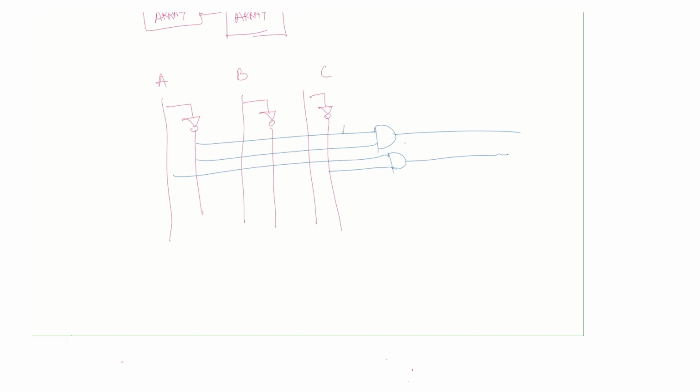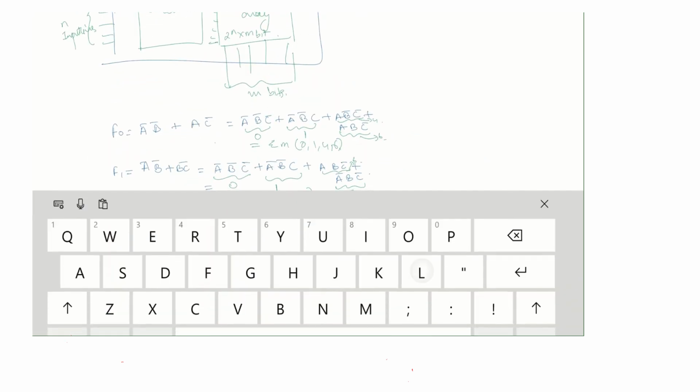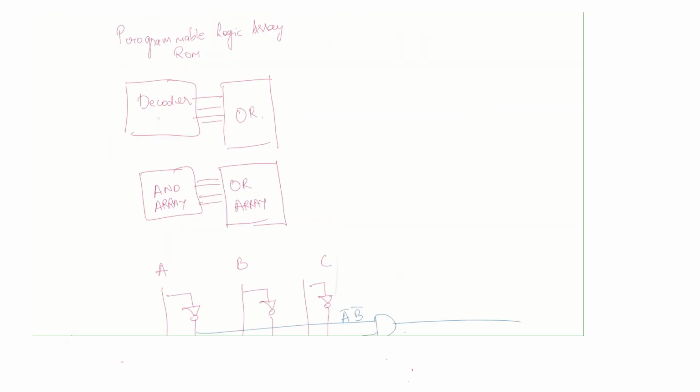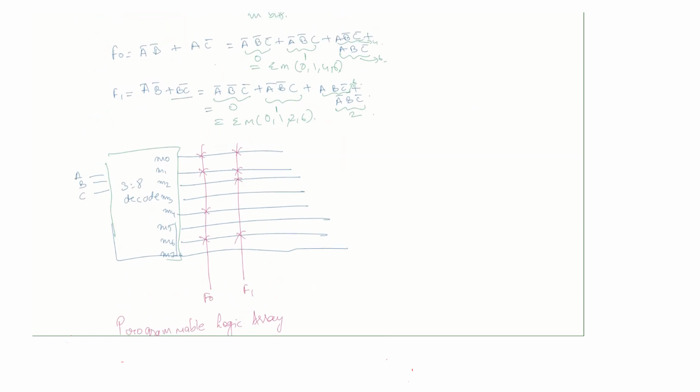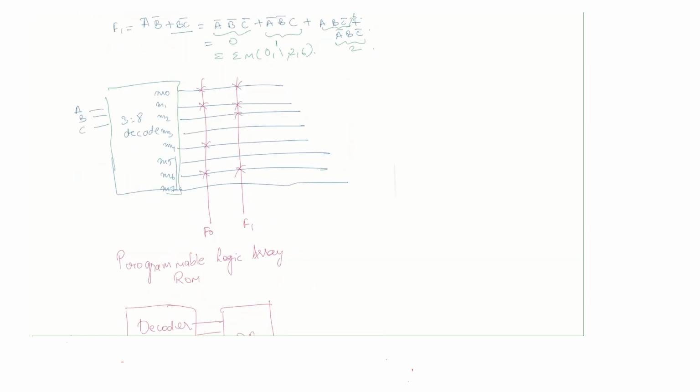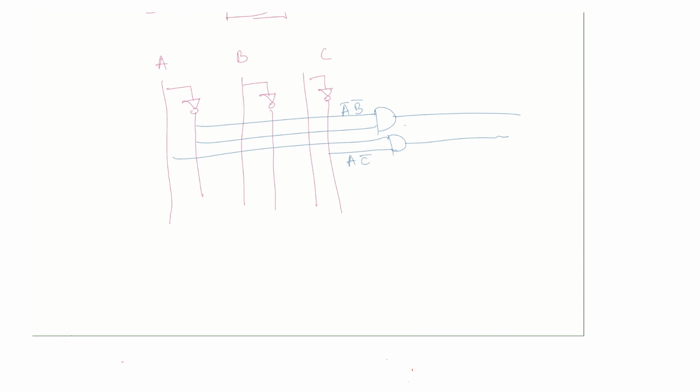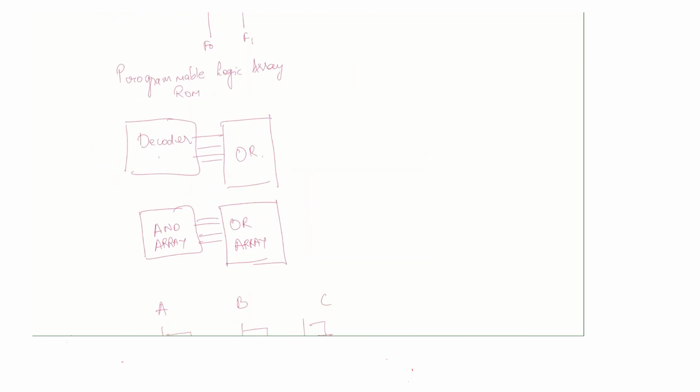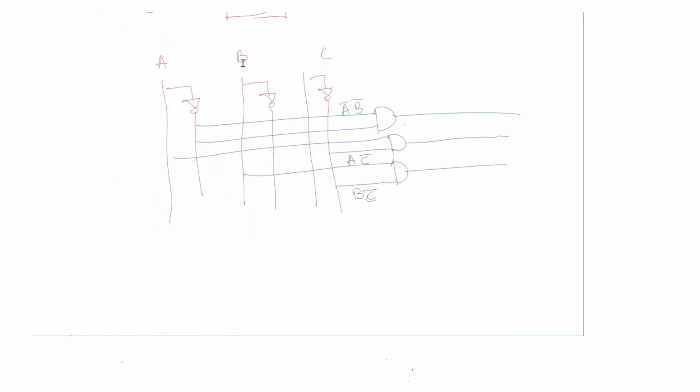This is A bar B bar, this is A C bar, and we need B C bar. So B C bar will give me the third term that we are using. Now we can use an OR array to get the required output.